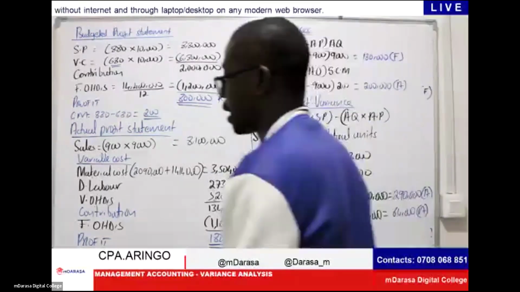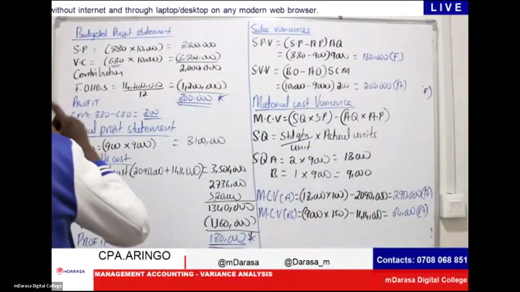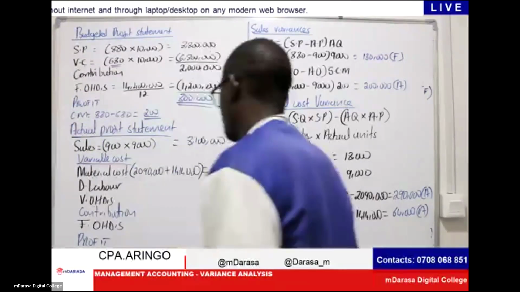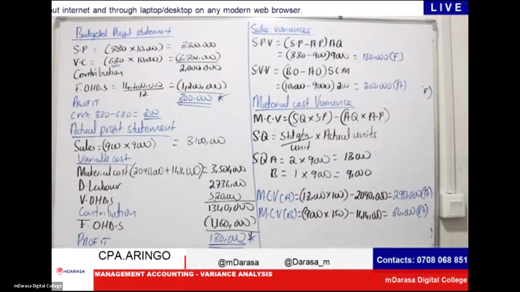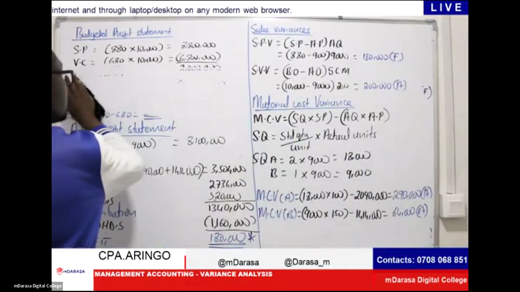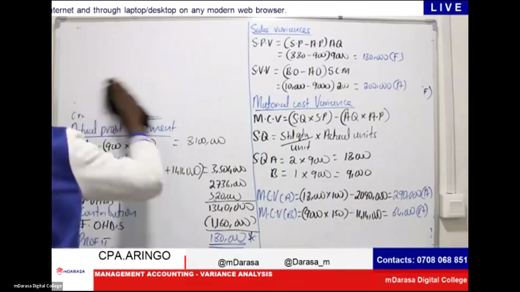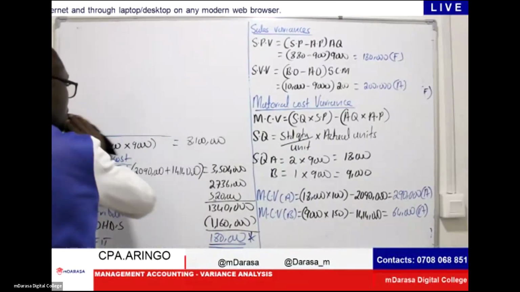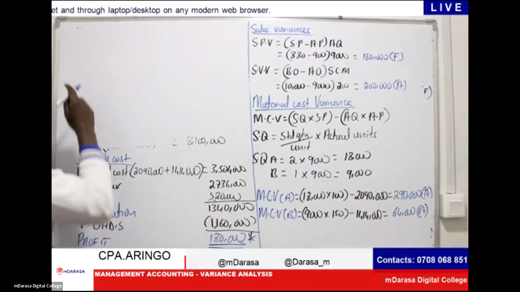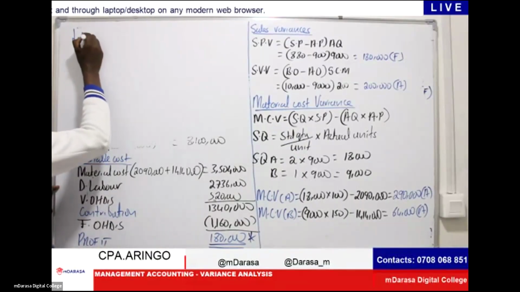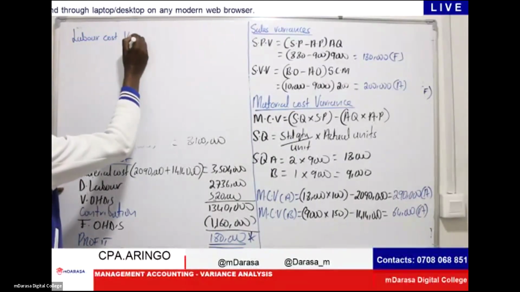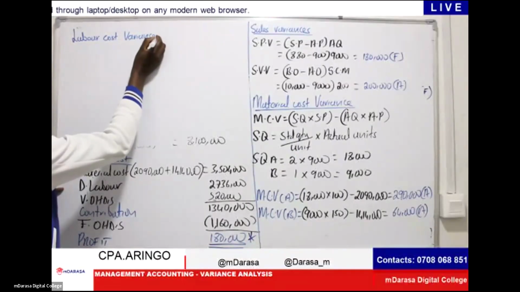Consider the other component, labor. So you can work out labor cost variance directly.